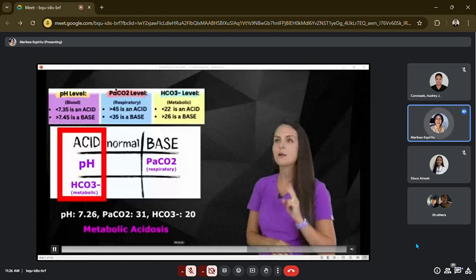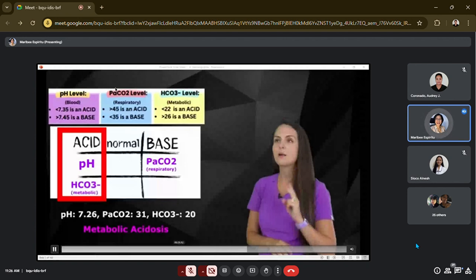In our next problem, the patient had a pH of 7.54, a PaCO2 of 27, and a bicarb of 23. First, we set up our tic-tac-toe grid with acid, normal, and base. The pH of 7.54: is that acid, base, or normal?